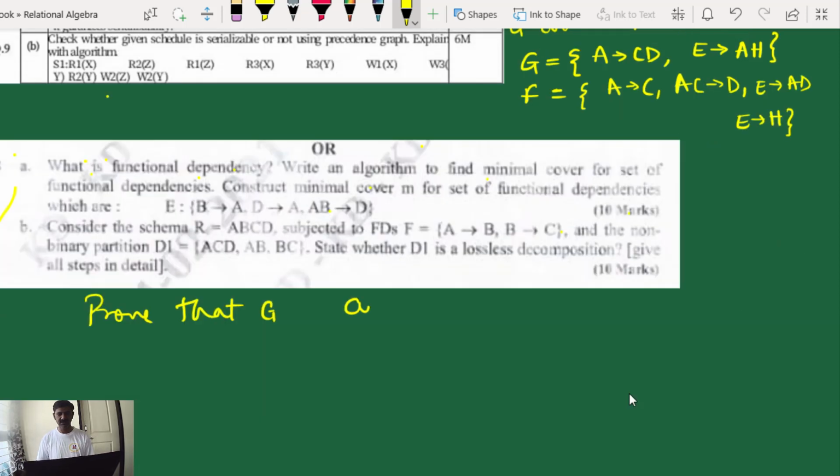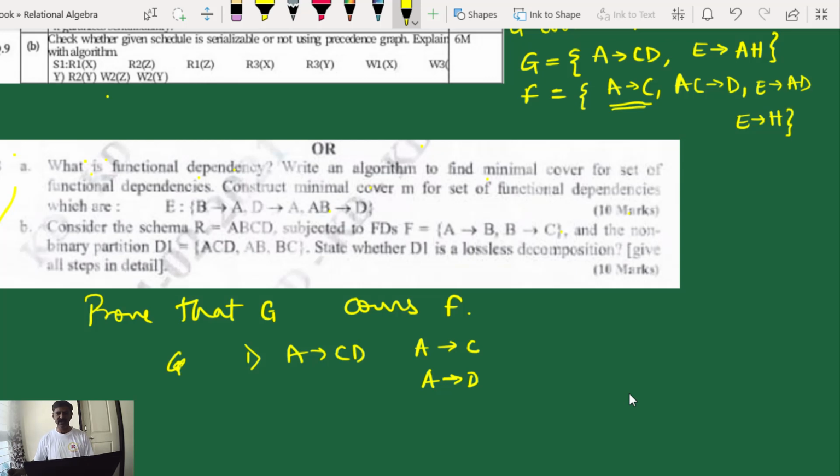G covers F. It means every FD in F should be derivable from G. So we know that G contains the functional dependencies which are here. First functional dependency, A arrow CD. So can you not write it as A arrow C and A arrow D? Yes, we can. So as you can see, we derived the first functional dependency here. Isn't it? Okay.